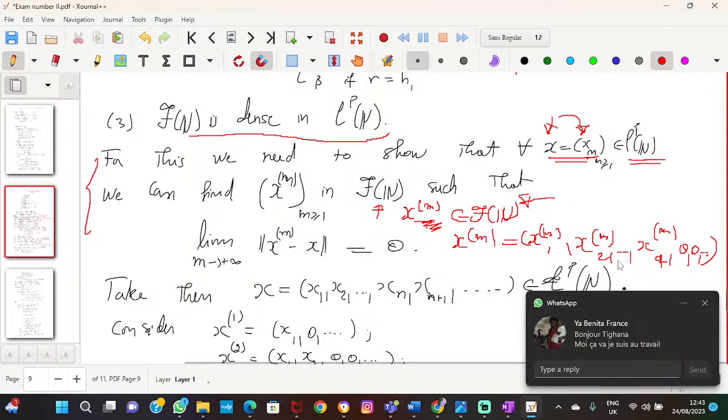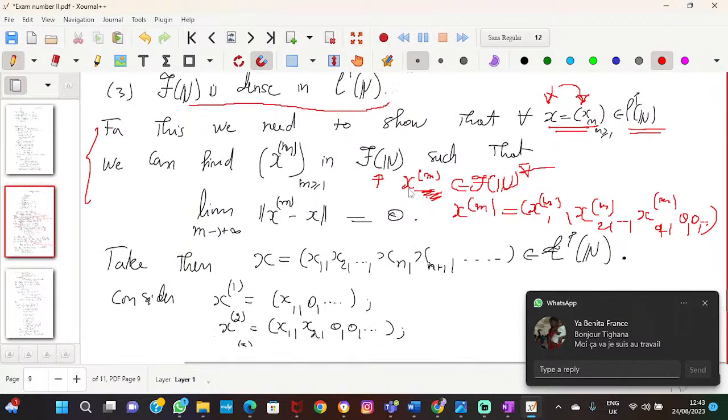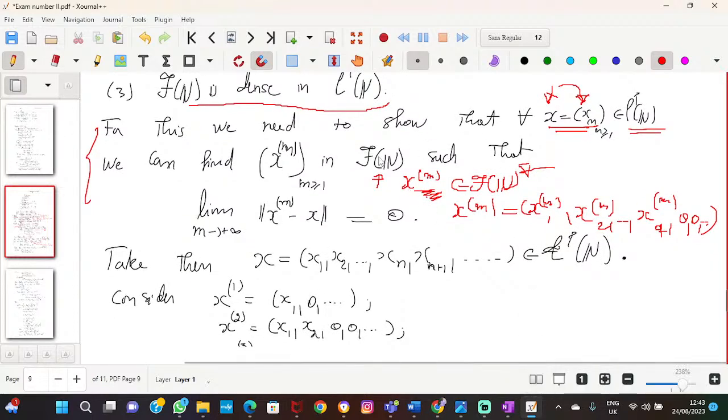So that is what we must find. The result is that we must always find a sequence here that converges to x.